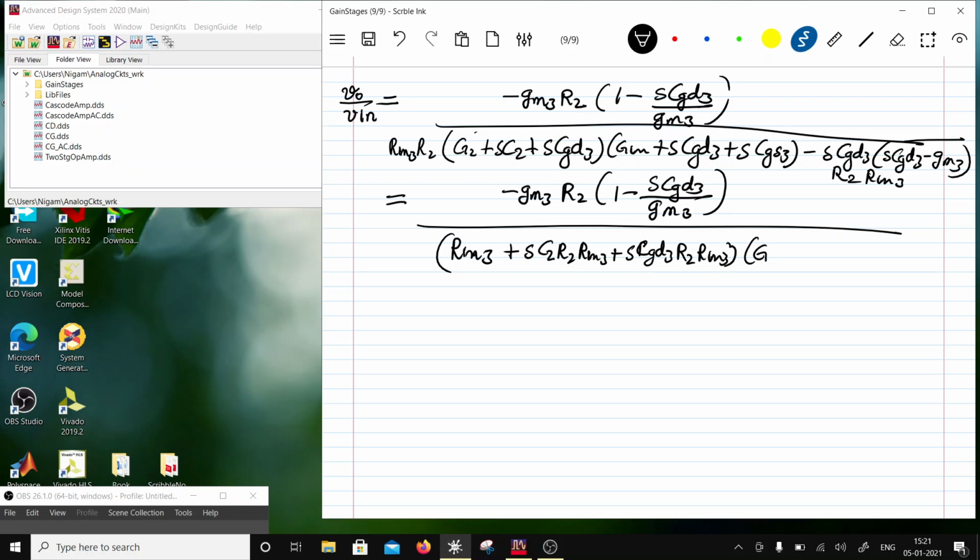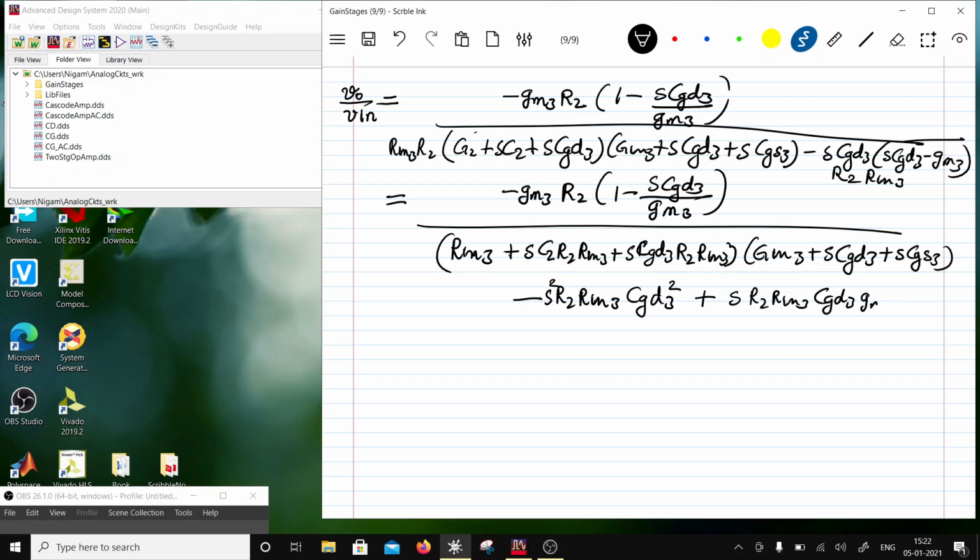This thing has to be multiplied by Gm3 plus SCGD3 plus SCGS3 minus R2 Rn3 S. So R2 Rn3 SCGD3, and there will be S square CGD3 square minus S R2 Rn3 CGD3 times of, so this minus will be plus Gm3.